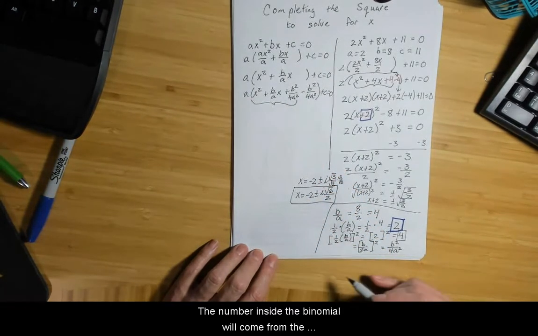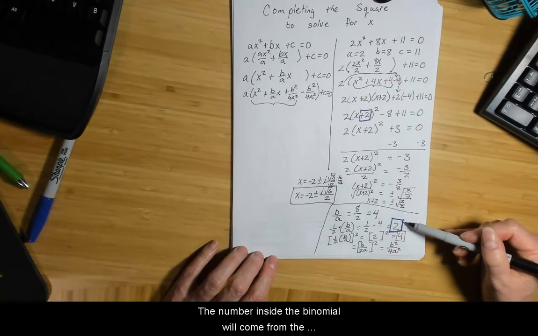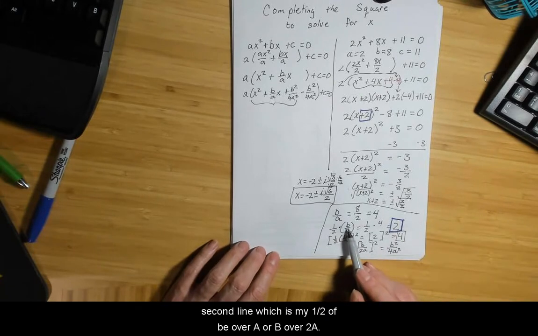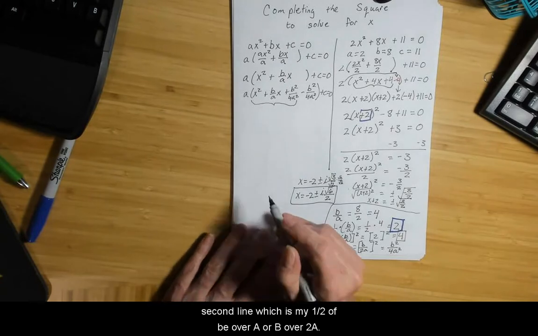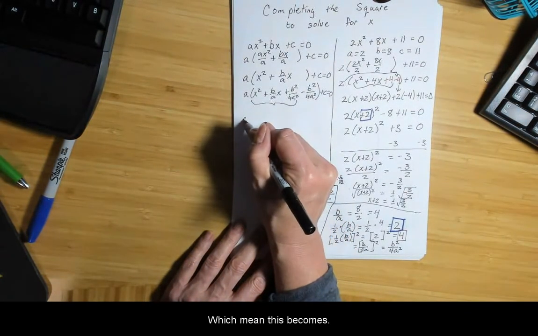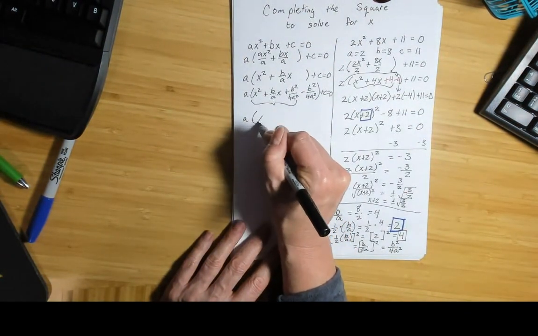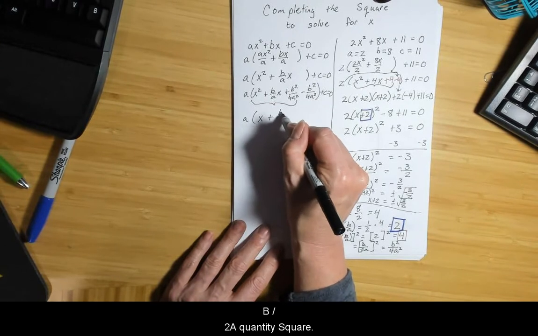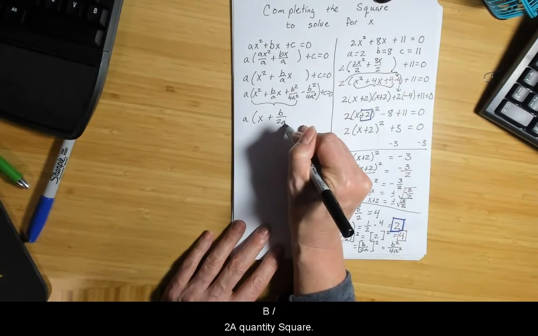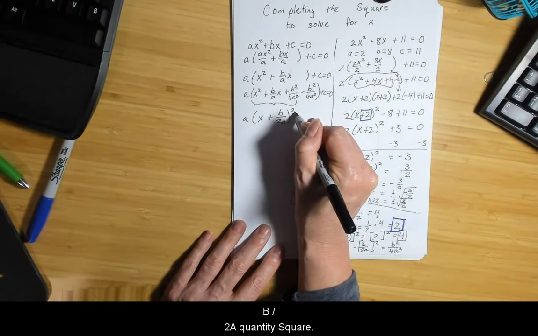The number inside the binomial will come from the second line, which is my 1/2 of b over a, or b over 2a, which means this becomes x plus b over 2a quantity squared.